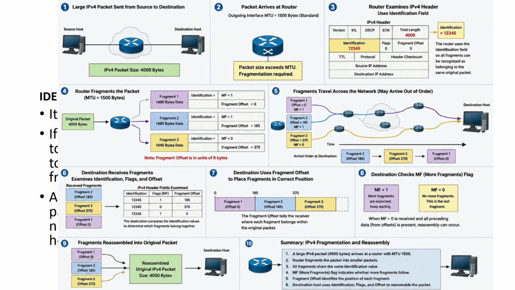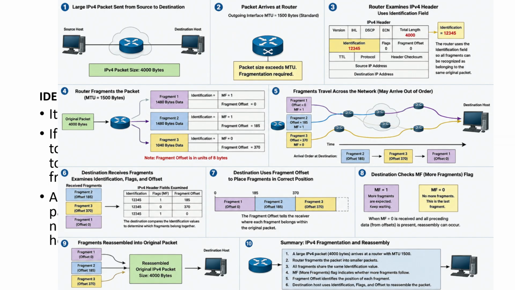For this field to come into play in the IPv4 header, the packet must exceed the maximum MTU size. So if the MTU size is exceeded, the identification field comes into play in IPv4, which means it is going to fragment the data so that the router is able to send that packet to the destination in terms of fragments.